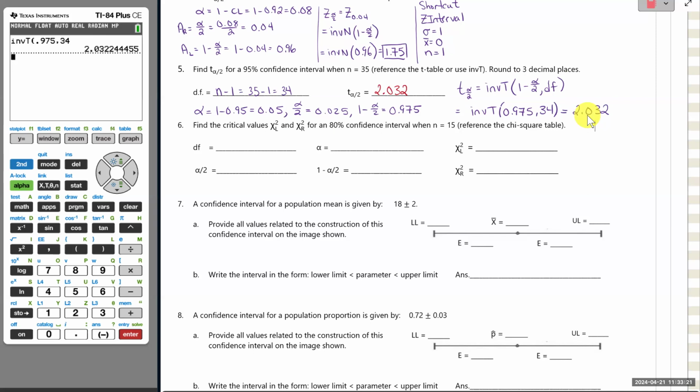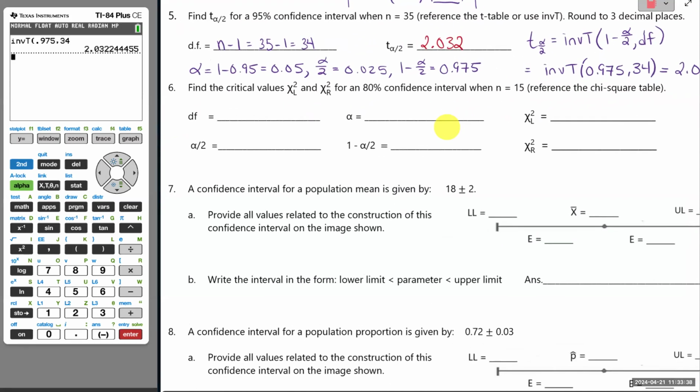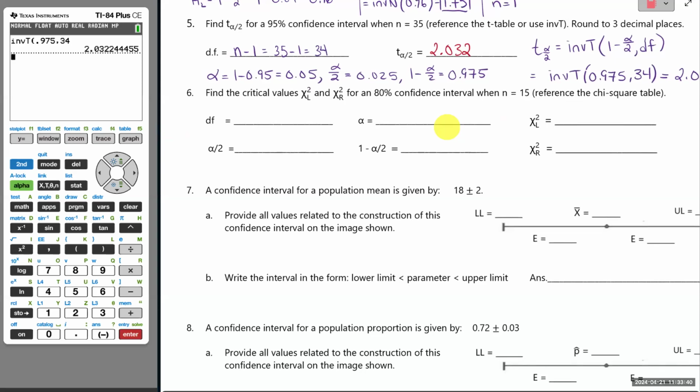All right, so these are called critical values that we're finding, and we'll do one more table lookup for the chi-square values, left and right, that create an 80% confidence interval when the sample size is 15. All right, so here I do have everybody do a table lookup. So we'll start with degrees of freedom. So like the t distribution, each chi-square distribution has an associated degrees of freedom, in this case 14.